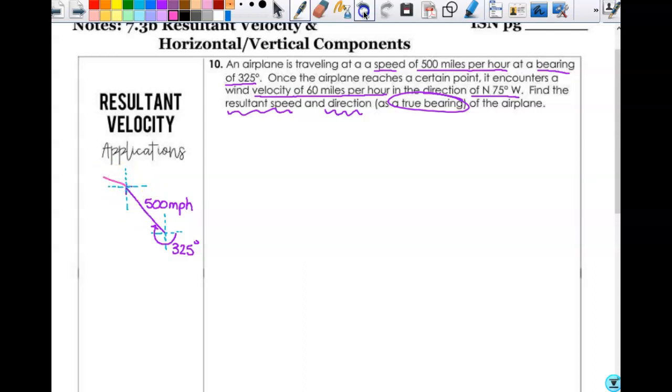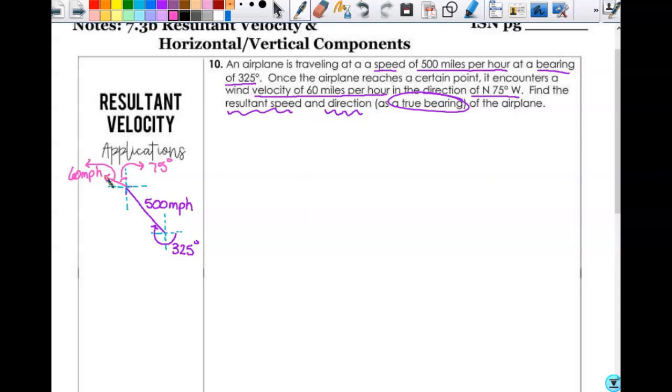It should also be a straight line or a straight segment. So again, not 100% to scale, but gives me the idea here. So this is 75 degrees right here. And then the length of that, the magnitude of that vector, is that 60 miles per hour.